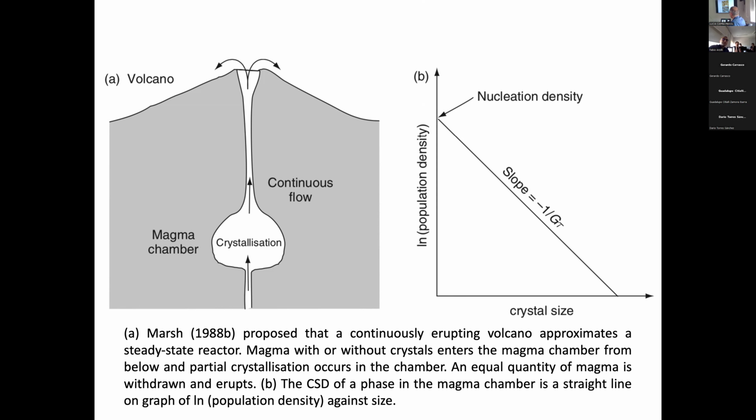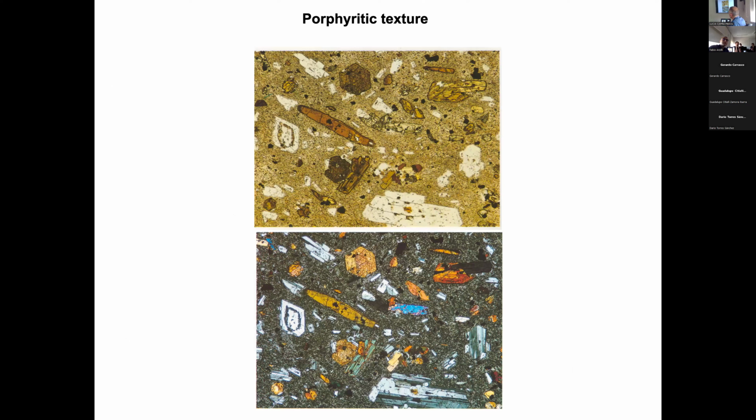So what does it mean? If you look at this andesite, a classic andesite with porphyritic textures, you have phenocrysts, microphenocrysts, and then in the matrix, microlites. Here you have three populations of crystals. For the crystal size distribution, you don't need to consider all the minerals; you do the calculation for one mineral.